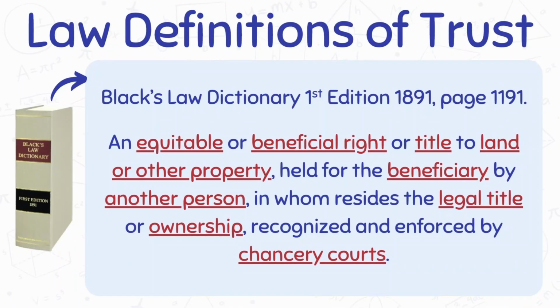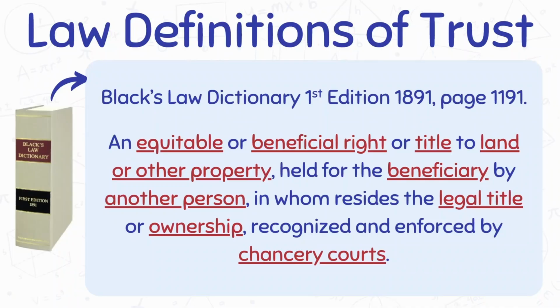So when we look at the law definitions in particular, there are a few that help to clarify what trust means in a legal context really well. So the first definition that I have here is an equitable or beneficial right or title to land or other property held for the beneficiary by another person, in whom resides the legal title or ownership, recognized and enforced by chancery courts.